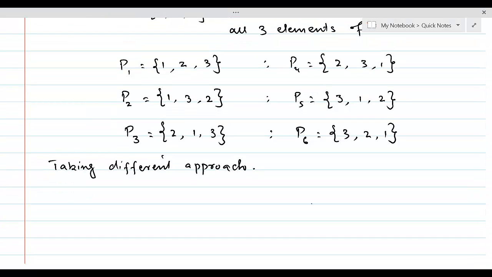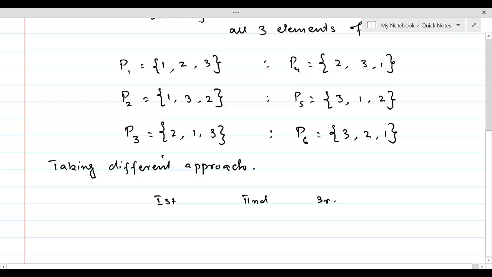How many ways can we fill in the first position, second position, and third position? To fill out the first position, 1 or 2 or 3, there are 3 different choices to fill up the first position.